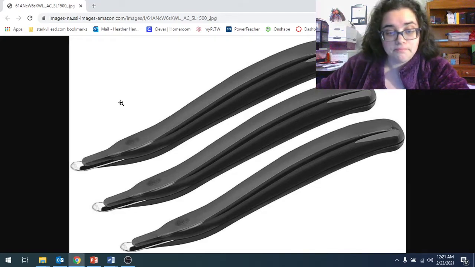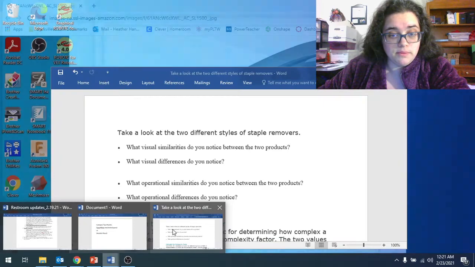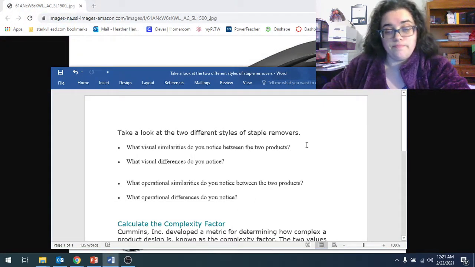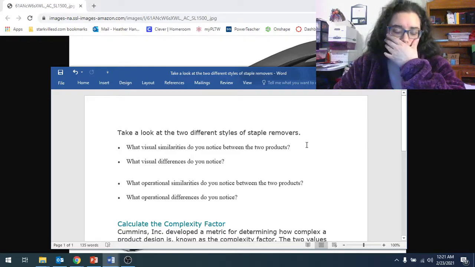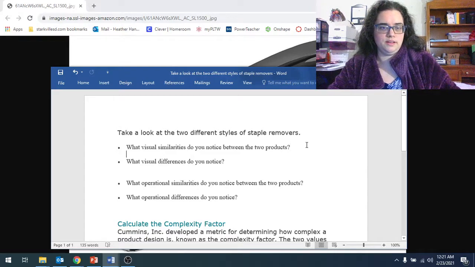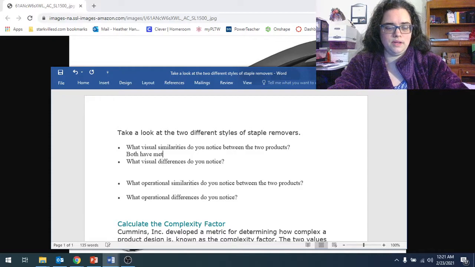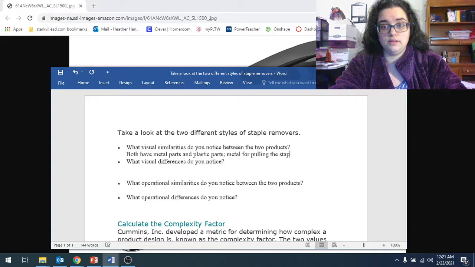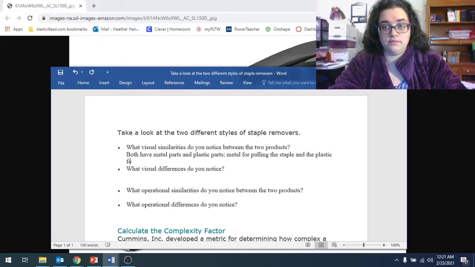All right. So let's say I was comparing staple removers together. What similarities do I notice? Well, they've both got metal parts and plastic parts. Metal for pulling the staple, and plastic for the handles.